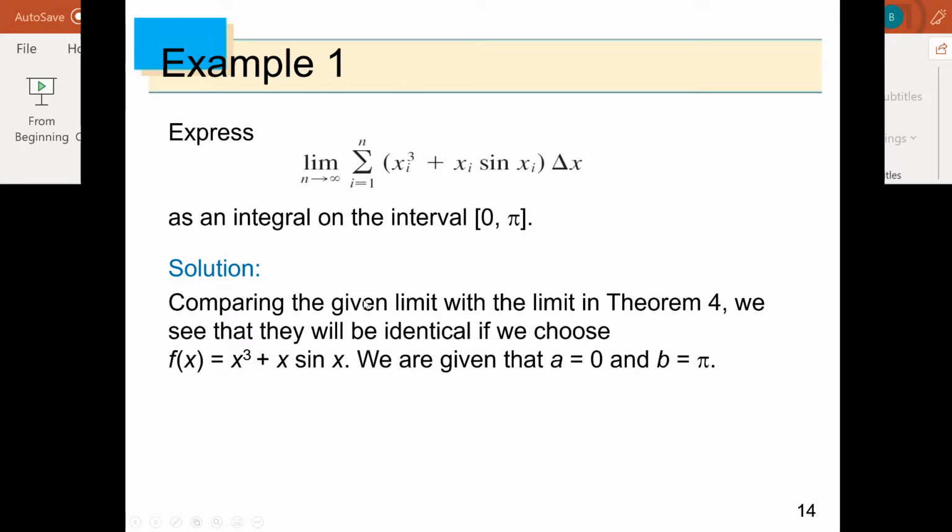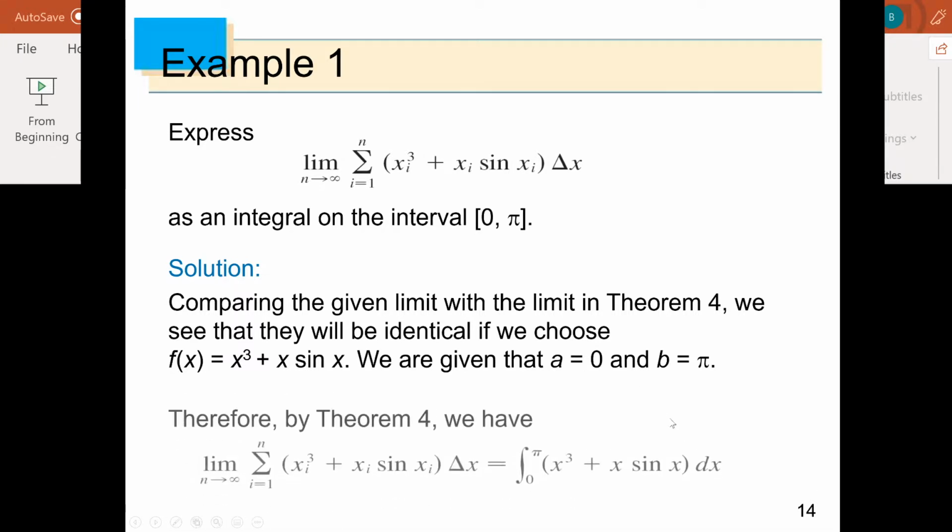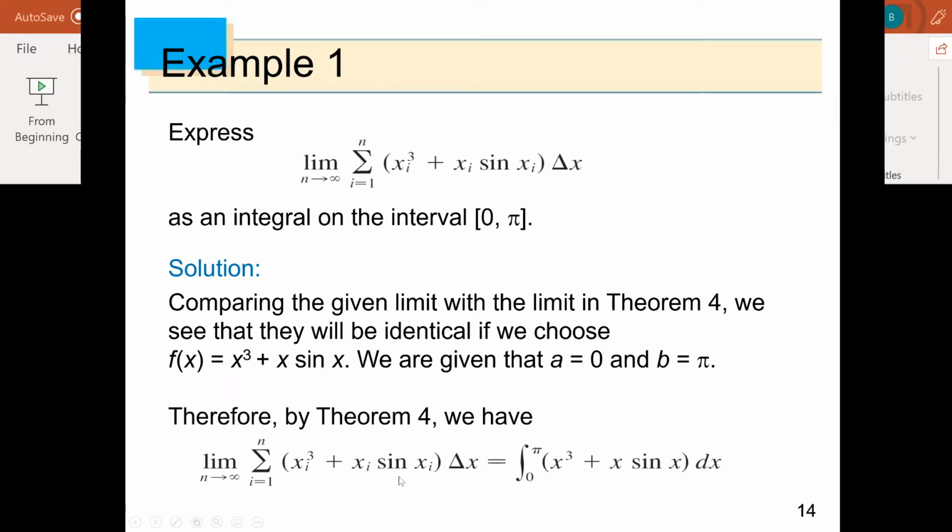Solution: comparing the given limit with the limit in Theorem 4, we see that they would be identical if we choose f of x equals x to the power of 3 plus x times sine of x. We're given that a equals 0 and b equals pi. So we integrate from 0 to pi of x to the power of 3 plus x times sine of x dx.